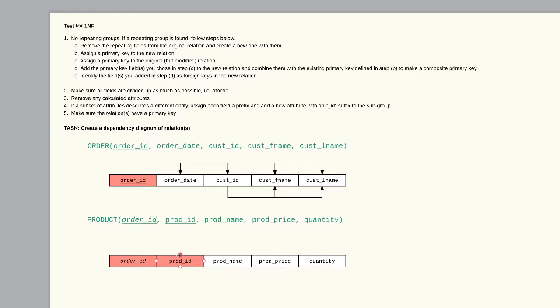Well, I know that the product ID will determine the product name and the price. I also know that the combination of the two fields, since it's a primary key, they will determine everything else.